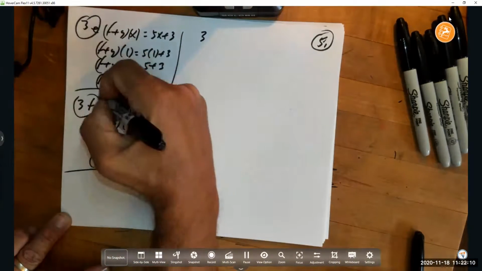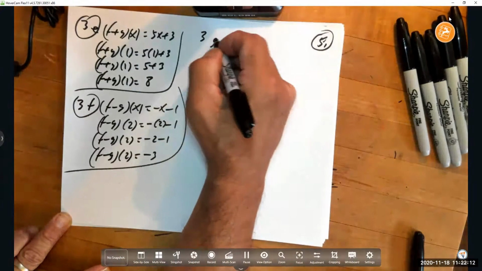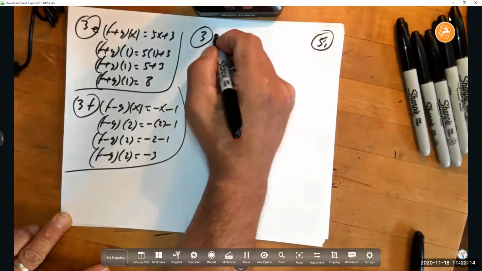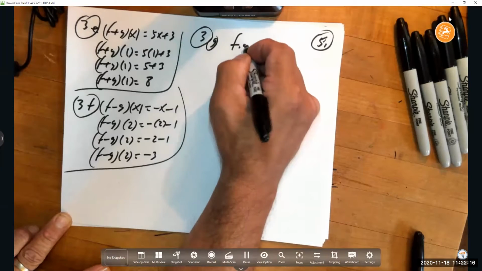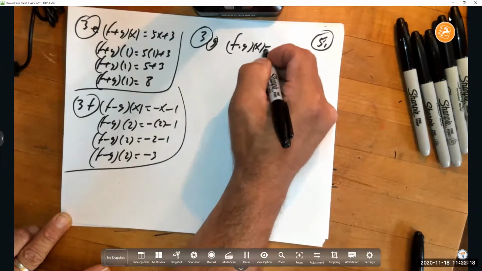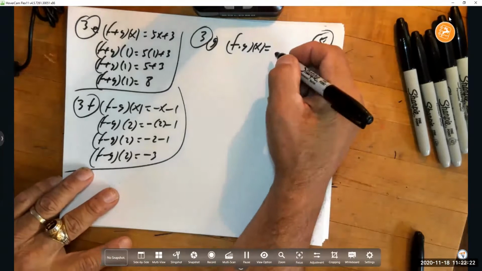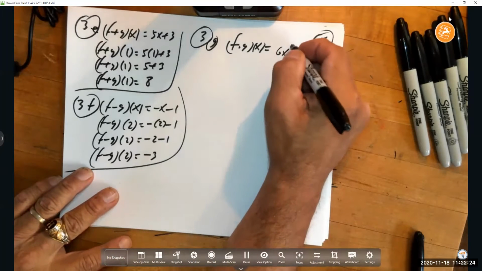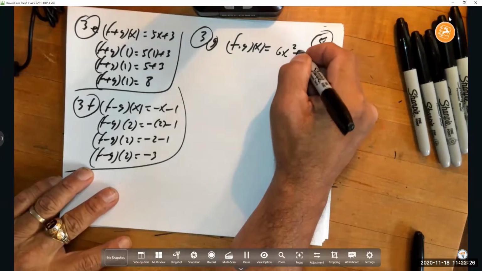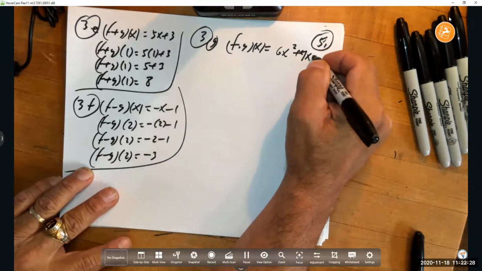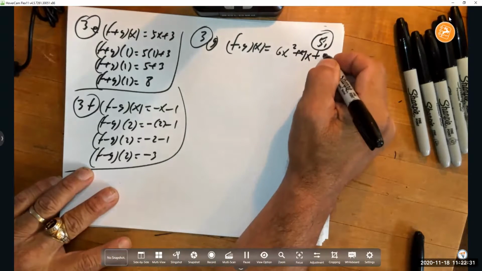A, B, C, D, E, F, G. This one is f times g of x is, let me find it on my paper here. It's 6x squared plus 7x plus 2.